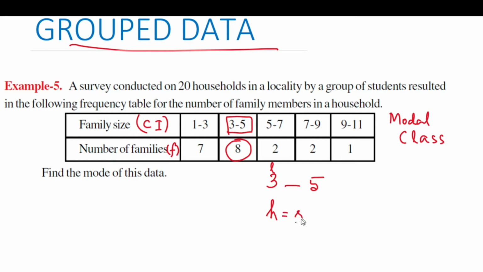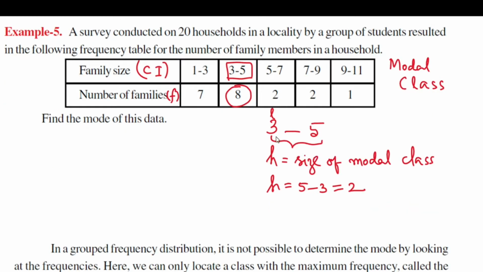Here h is 5 minus 3, that is 2. Here the difference between lower boundary and upper boundary is 2. We have to estimate at how much distance the modal value exists.